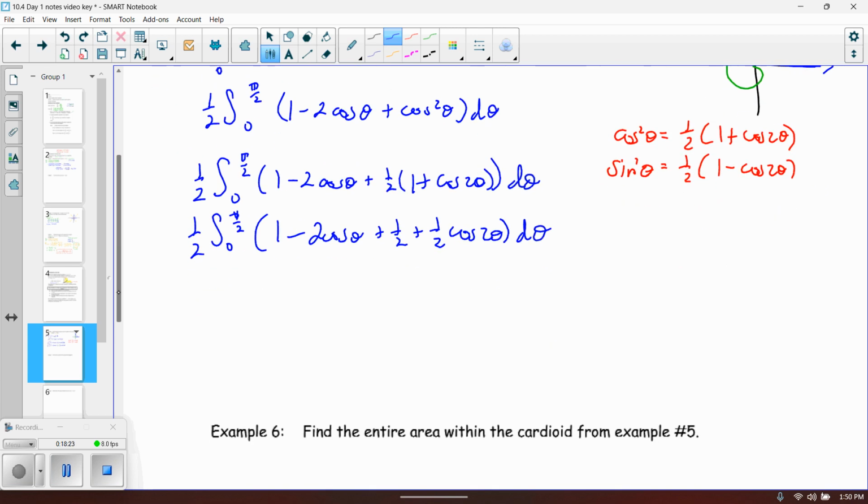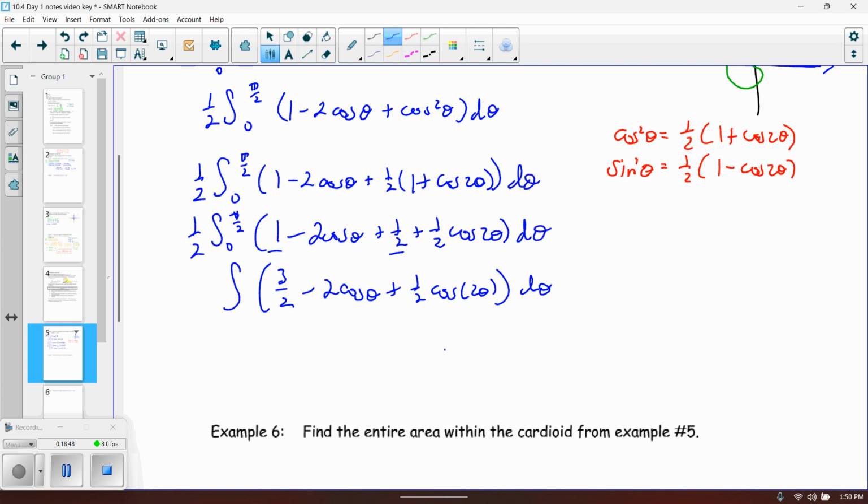And we've got one more step to simplify before I think we should take antiderivatives. You don't have to, but I always prefer to combine any things that I can. So I'm going to combine the constants. I've got a 1 and I've got a 1/2 here. Let's add those together and we'll get 3/2 minus 2 cosine of theta plus 1/2 cosine of 2 theta d theta.